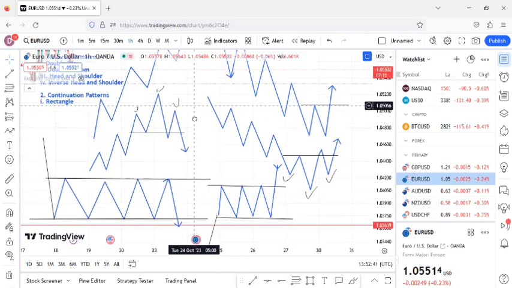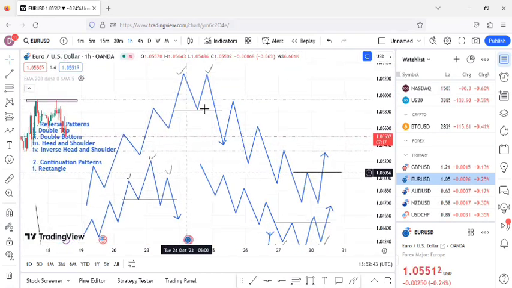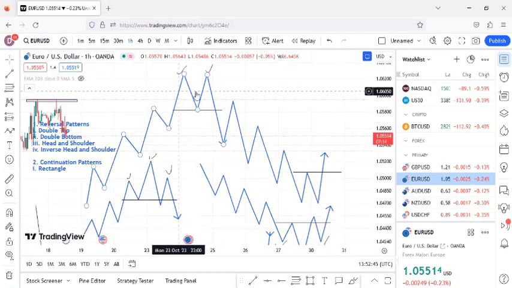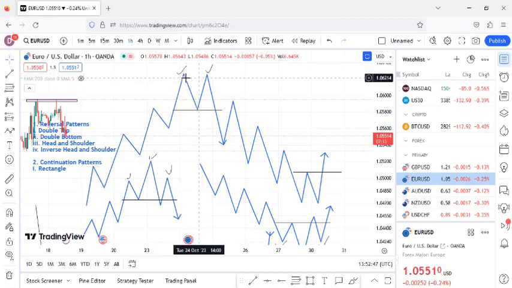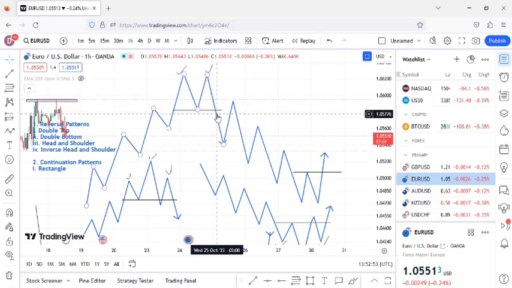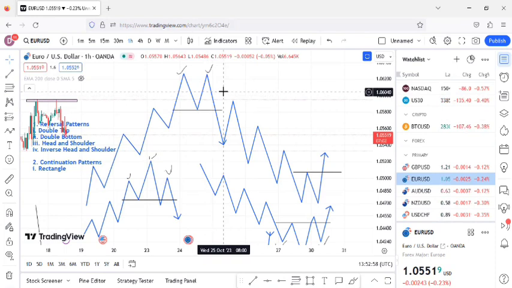Then there is another way to trade them. When you spot a double top pattern like this, as soon as the price breaks the neckline, you wait for a reversal. You wait for a retest, either to retest this neckline.